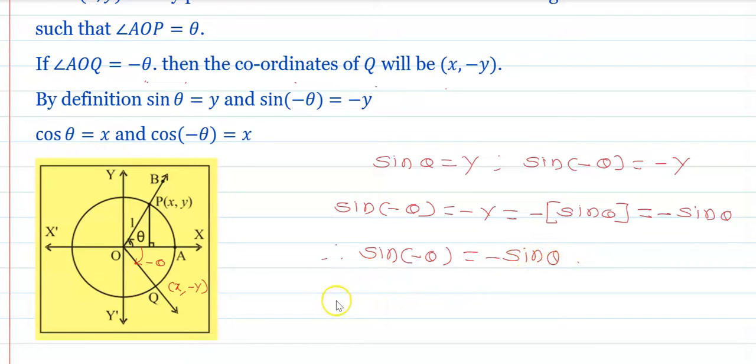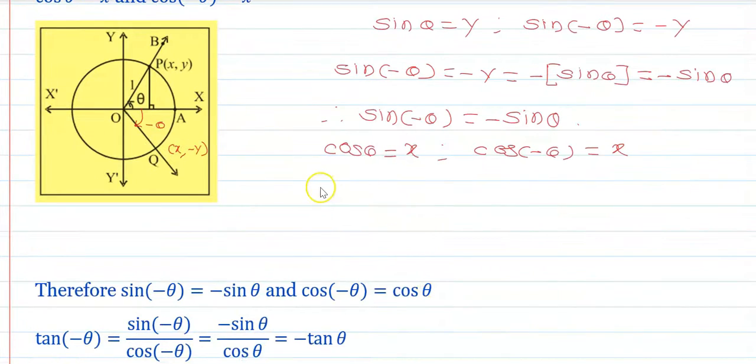What about the cos? Now here, if we consider theta in the first quadrant, cos theta is equal to x. And what about cos of minus theta? It is in the fourth quadrant here. Cos of minus theta is also x here. What is that?